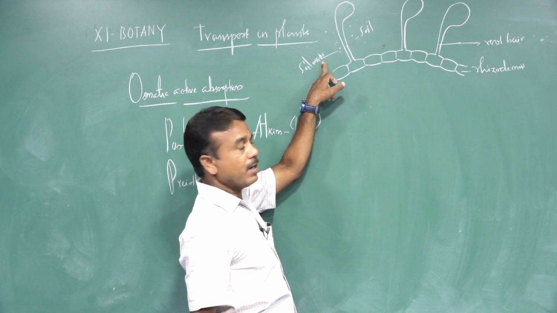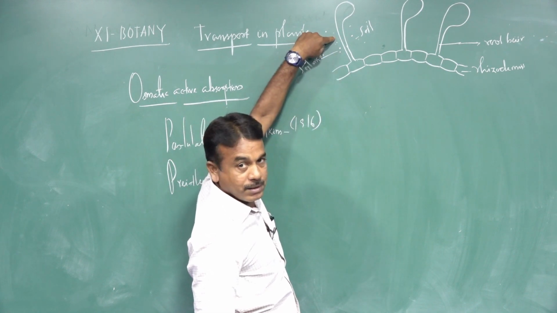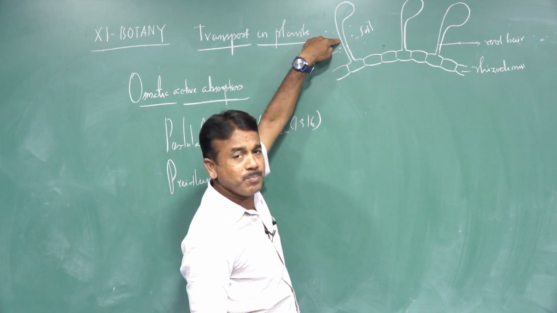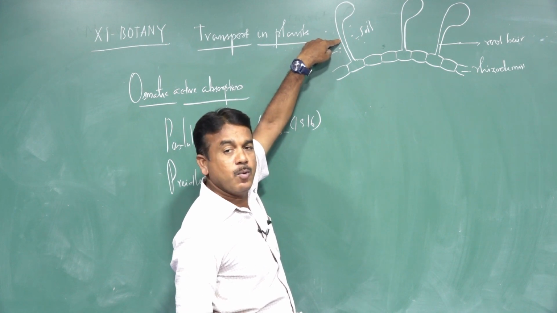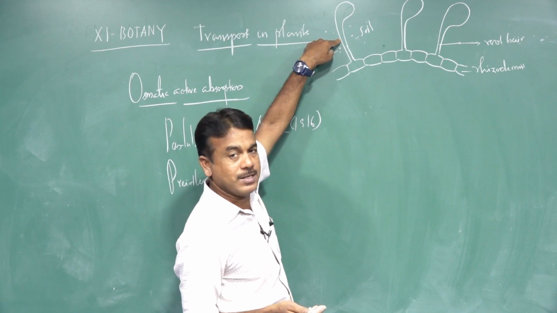From soil water, imbibition takes place in the root hair cells. What is the meaning of imbibition? It means the movement of molecules from higher concentration to lower concentration.